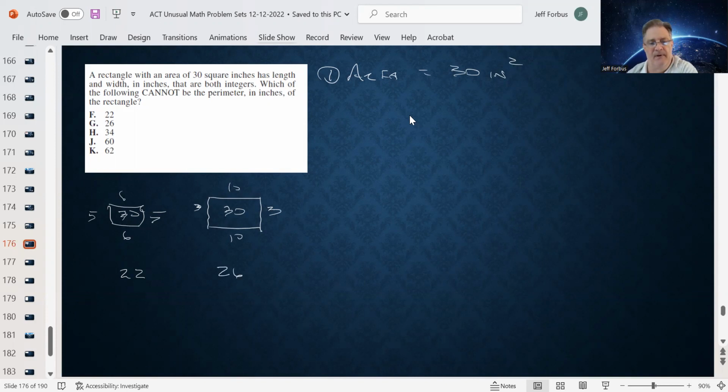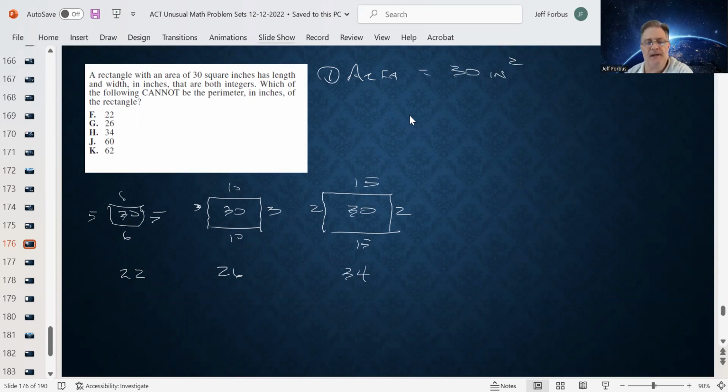The next thing we would have is 15 multiplied by 2. So we can make one side 2 and one side 15. And that gives us an area of 30. And all the sides around is 15, 15, 2, and 2, which gives us 34. So therefore, H is not our answer.